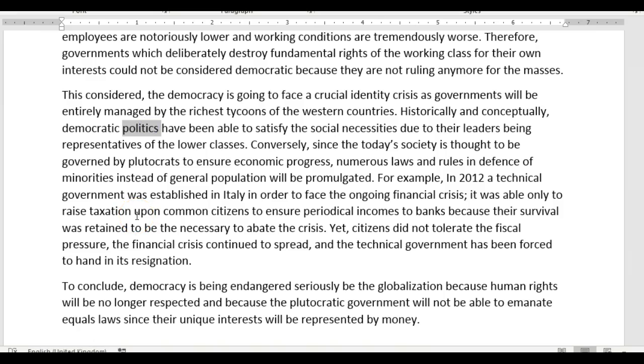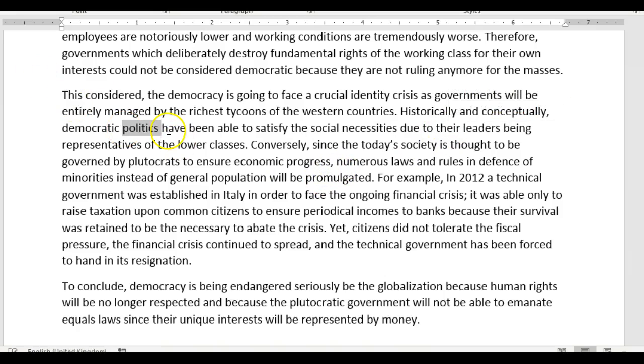Do you mean politics as a science, politicians as people? I'm not sure what you meant by this word, because you say this plural thing, have been able to satisfy the social necessities due to their leaders.